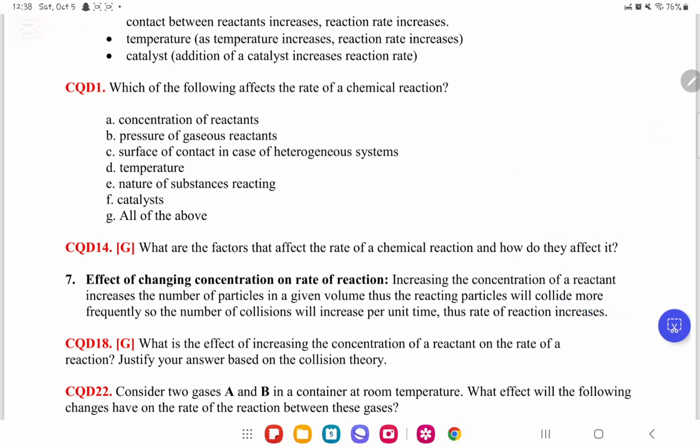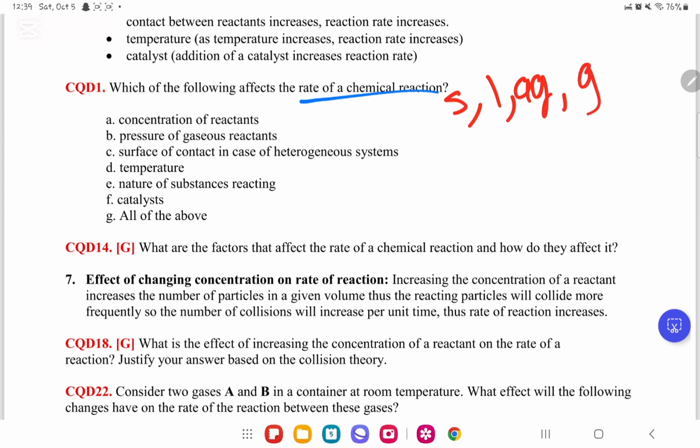So, in general, if they're talking in general about the rate of a chemical reaction, we're not going to take the gas by itself or the liquid by itself or solid by itself. No, we're going to take all the factors that could possibly affect a chemical reaction. Okay? And if they don't specify what type of chemical reaction it is, we're going to say it's solid, liquid, aqueous, and gas. Okay?